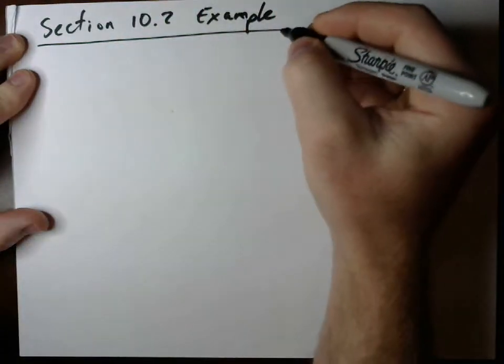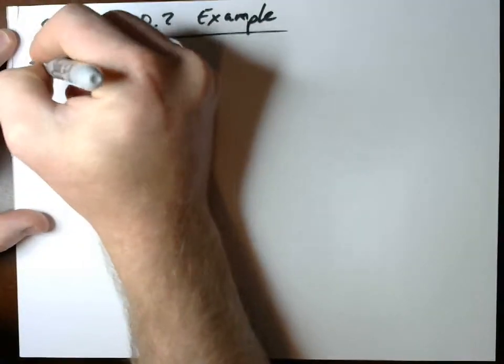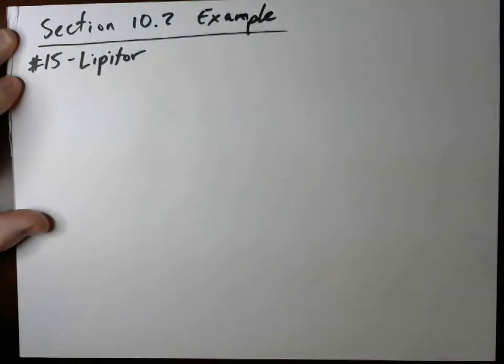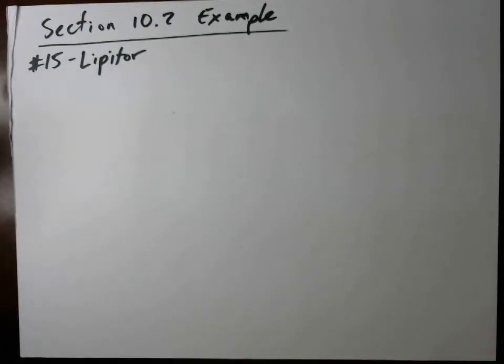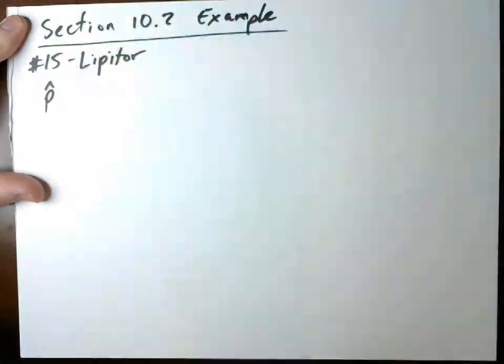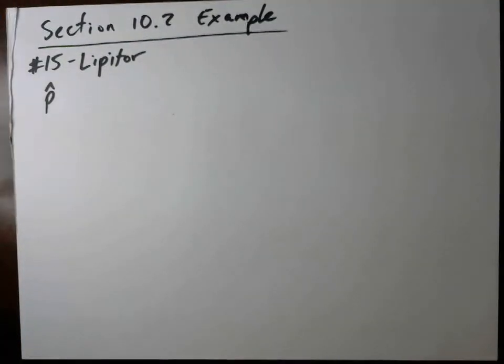So this is number 15 on Lipitor. So anyways, we should have the information on p hat. So we should be given our sample data. Our sample data for population proportion is p hat.